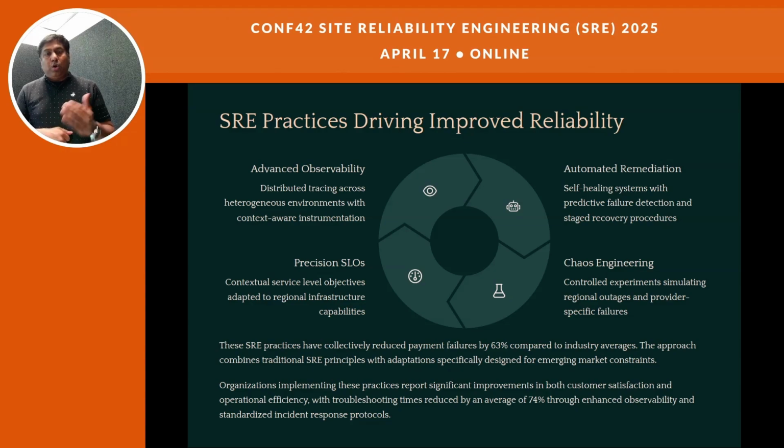And again, automated remediation and chaos engineering prepare our systems to self-heal and recover from regional failures. That is very important in situations where power infrastructure is not available for multiple hours. Now, coupled with precision SLOs, these strategies have cut payment failures by over 60%. We move on to the next slide.